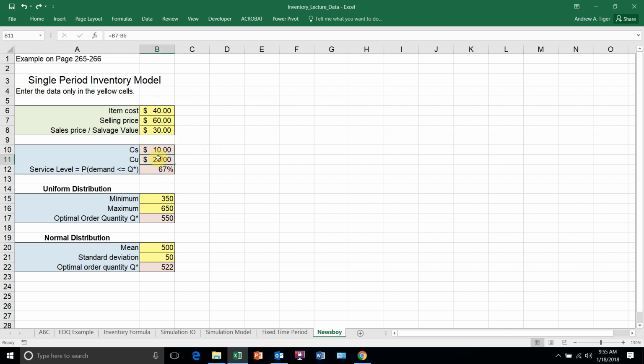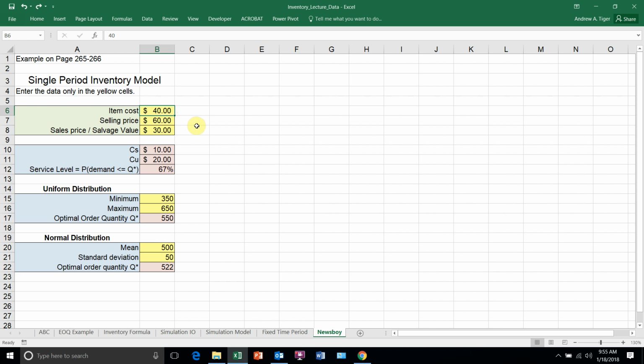The other one is the cost of underestimating, or the cost of being short. If you run out, what is the unit cost to you? Well, we're going to lose $20 for every unit that we don't have enough of, because we want to sell them for $60 and they cost us $40, so what we're out of pocket is $20 for every one.